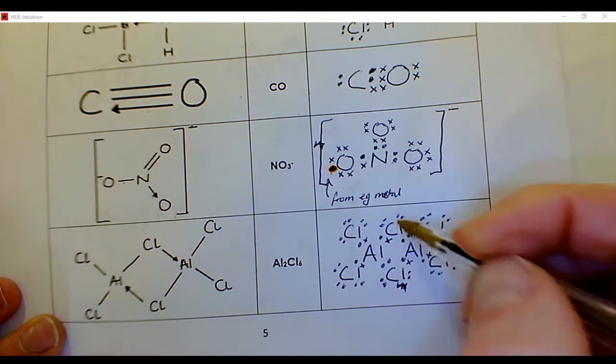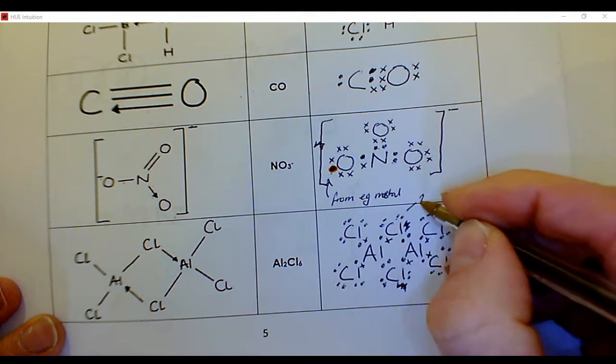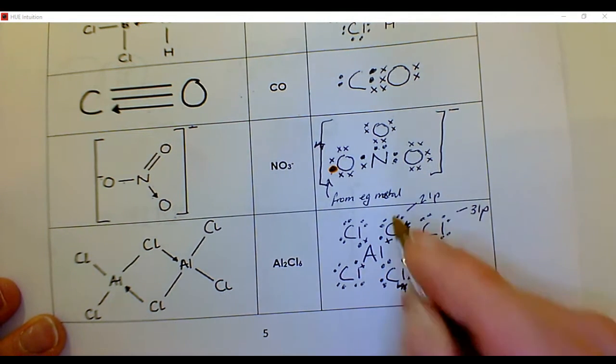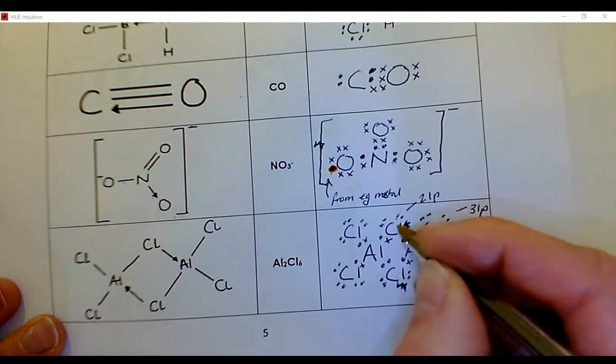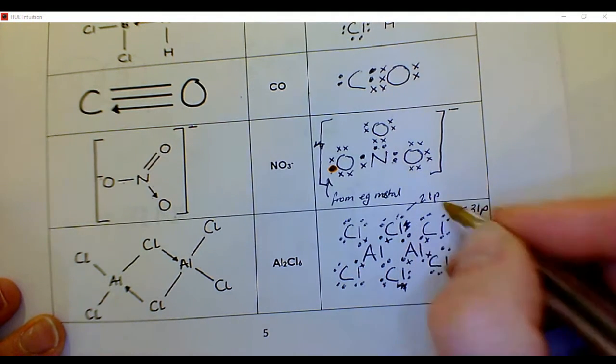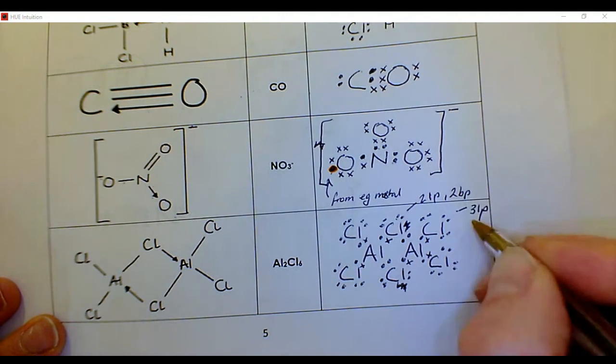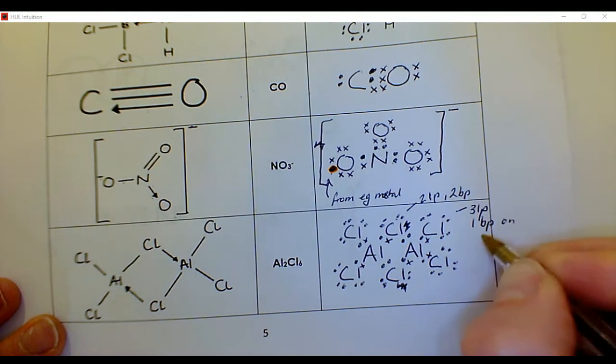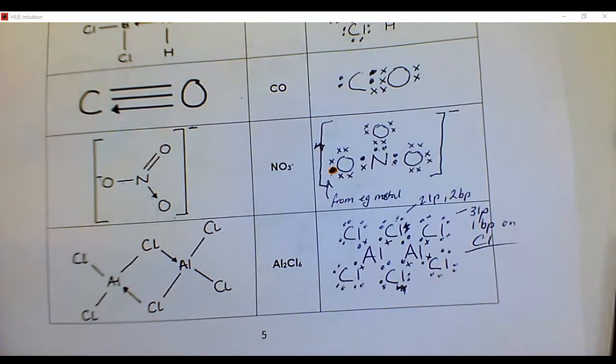Okay, so the middle chlorines have 2 lone pairs and all the other ones have 3 lone pairs. So the ones that have formed coordinate bonds have 2 lone pairs, 2 bonding pairs, and all the others have 3 lone pairs, 1 bonding pair on Cl.